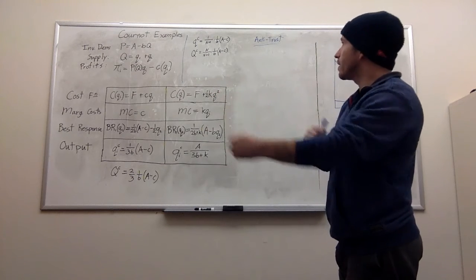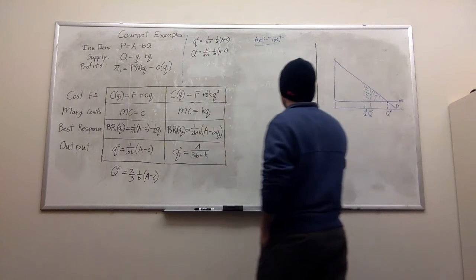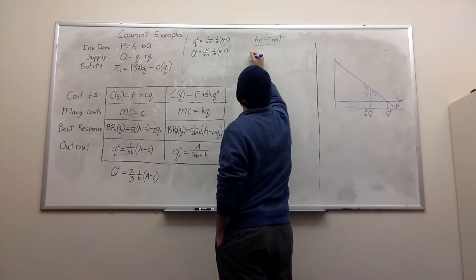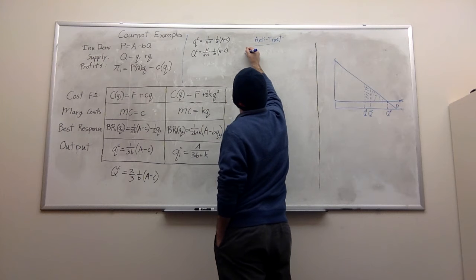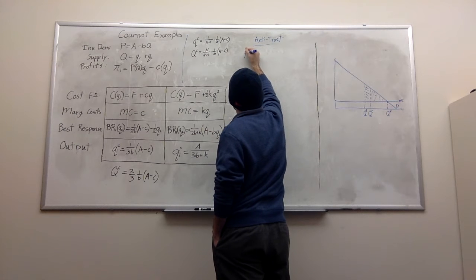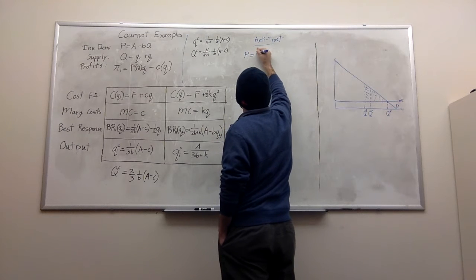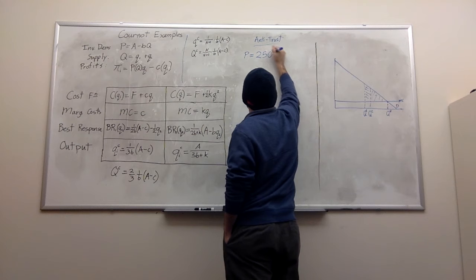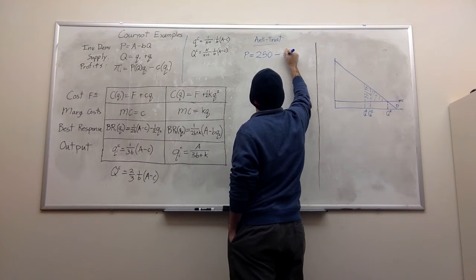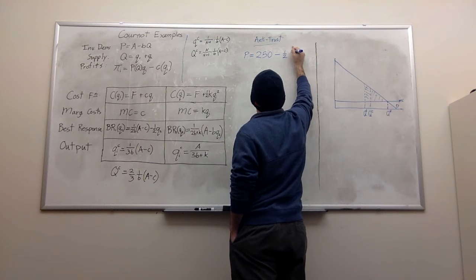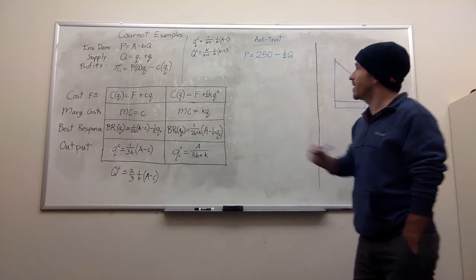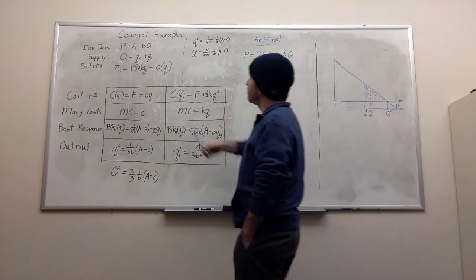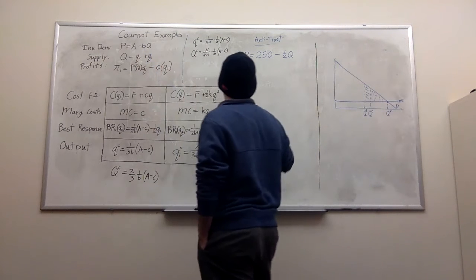Let's think our way through this. I was going to impose a little more structure here so we can have a clear example. P is equal to 250 minus 1/2 of Q. So A is 250 and B is 1/2.